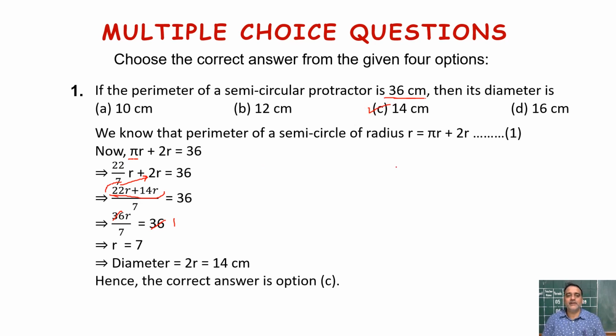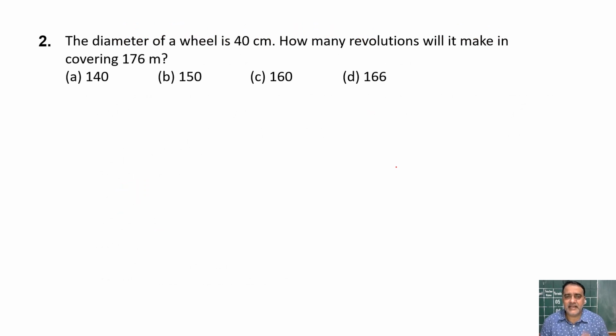So now we are moving toward question number 2. The diameter of a wheel is 40 centimeter. How many revolutions will it make in covering 176 meter? We have seen in our regular class that the number of revolutions will be equal to total distance upon circumference.